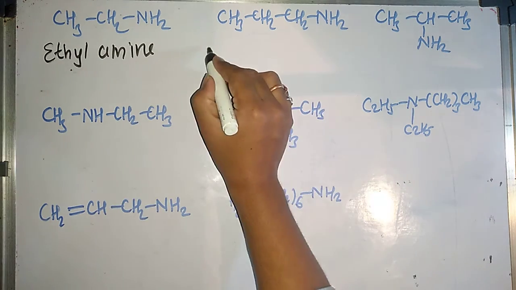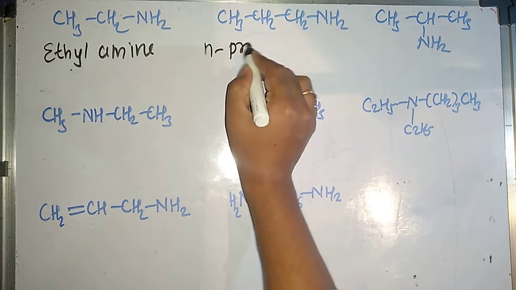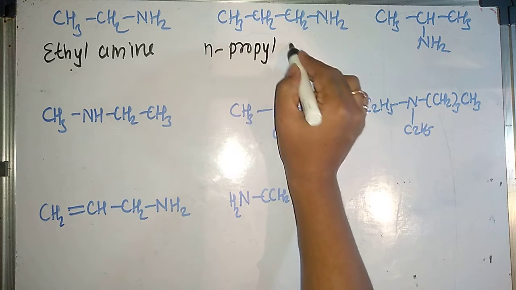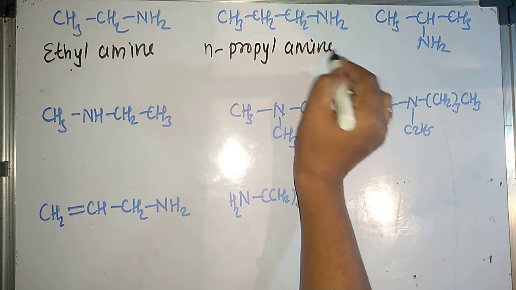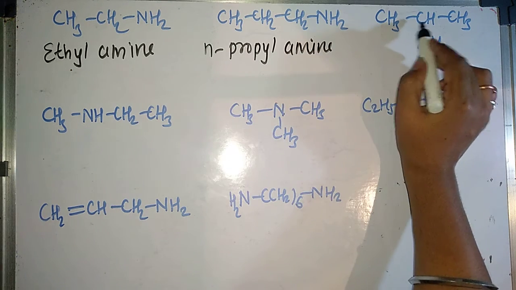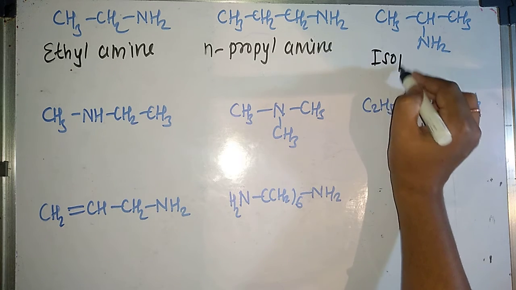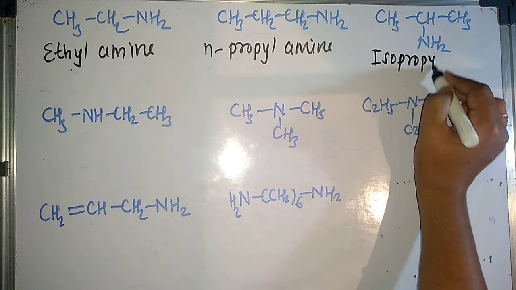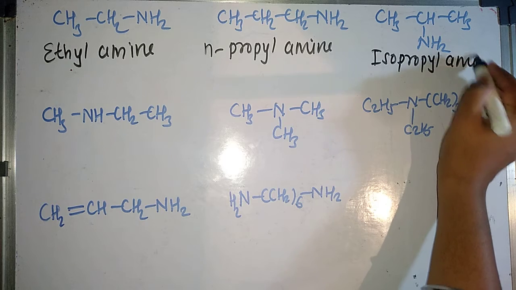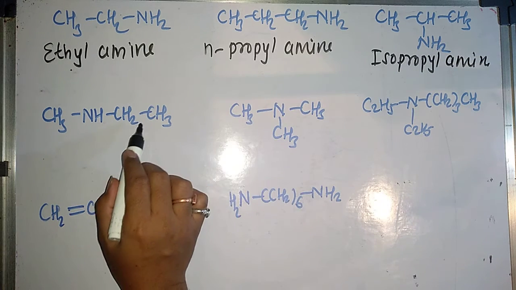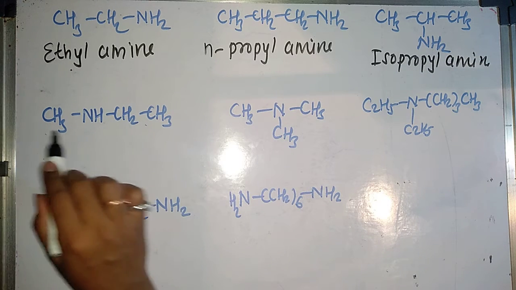Now this is an n-propyl group, so we will call it n-propyl. NH2 means amine, so the name will become n-propylamine. Now this alkyl group is an isopropyl, so I will call it isopropylamine.